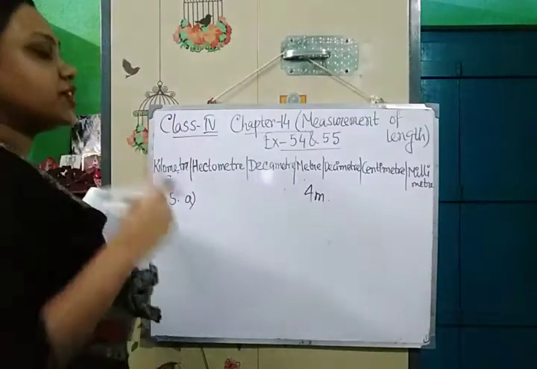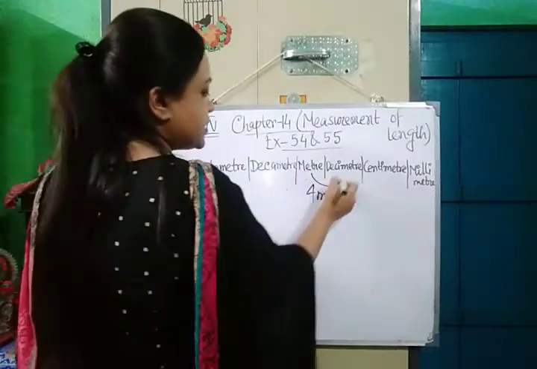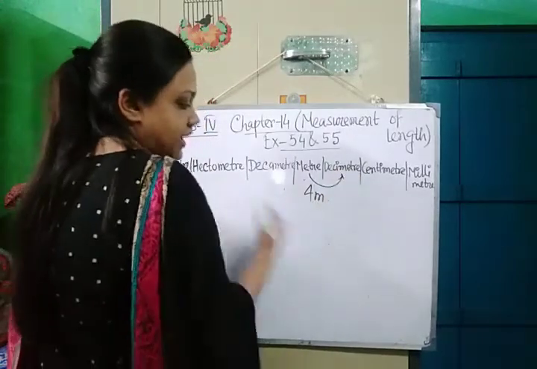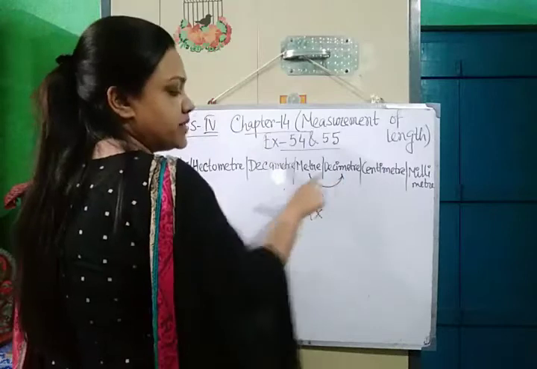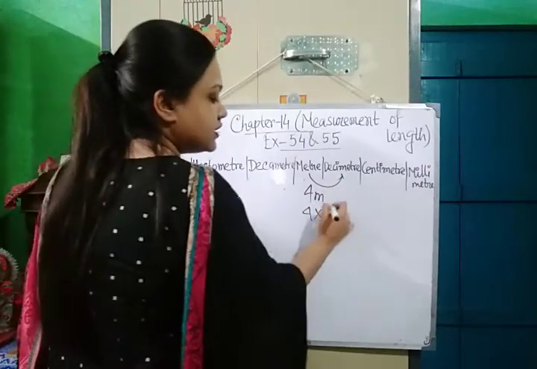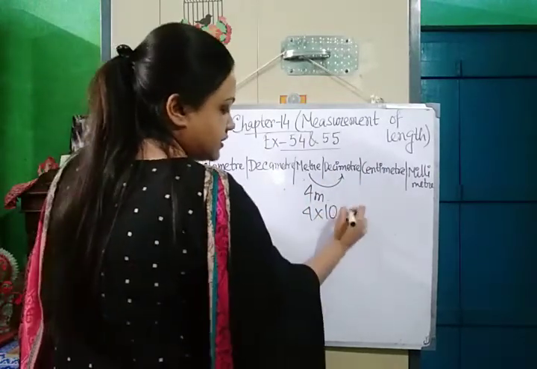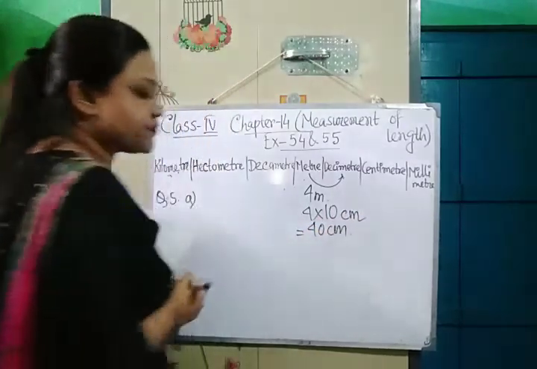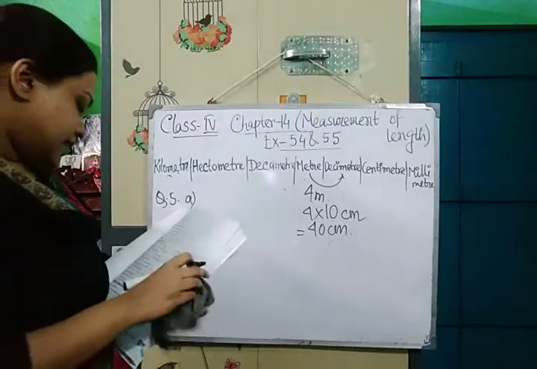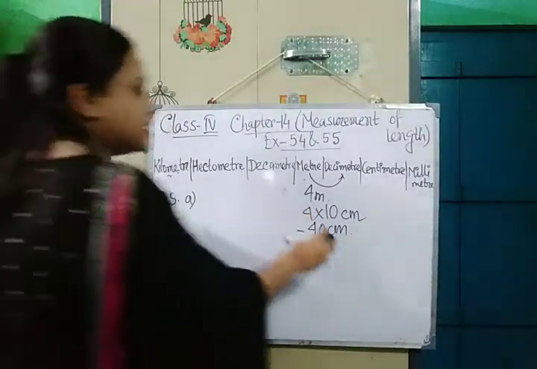So how can we convert it to decimeter? See, meter to decimeter, again we are moving to the right. So we will multiply. Which number? 1 place we are moving to the right. So 10. That means 40, sorry, 40 decimeter.